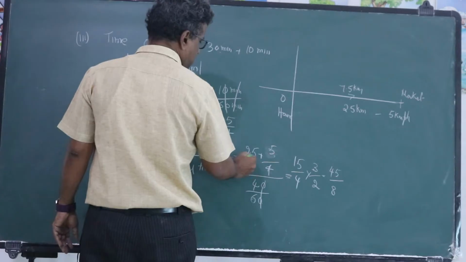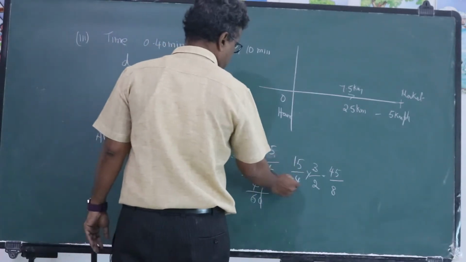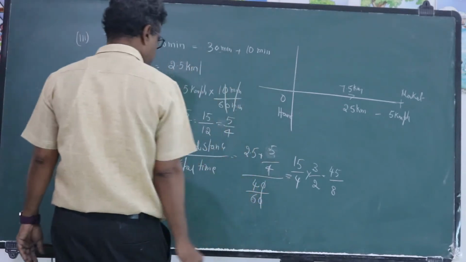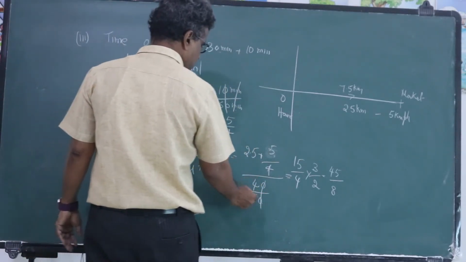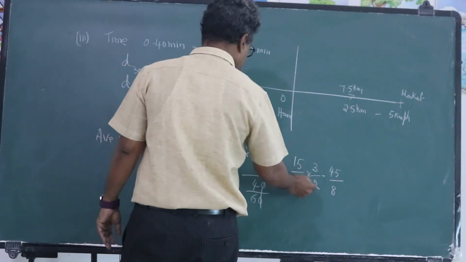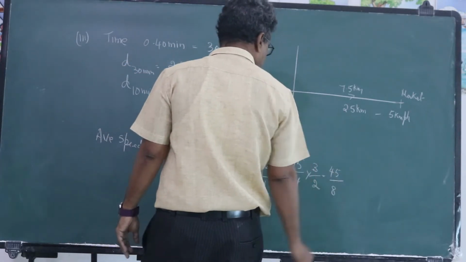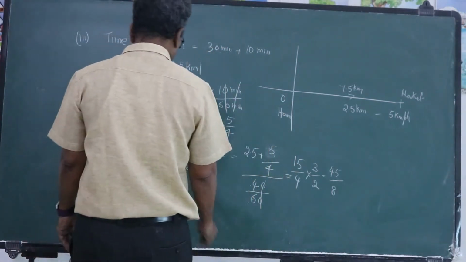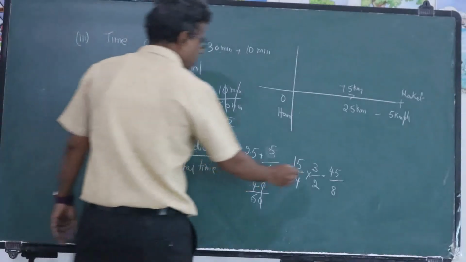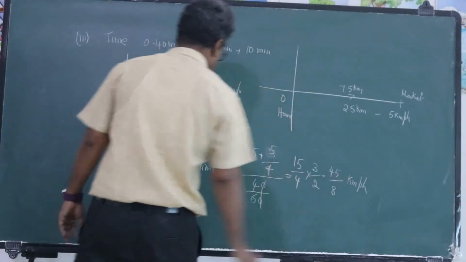LCM is 2.5 into 4, that is 10, 10 plus 5, 15 by 4, into the total time, 2 by 3 hours, that is 3 by 2. So what you will get? 45 by 8. So average speed is 45 by 8 kilometers per hour. This is the answer.